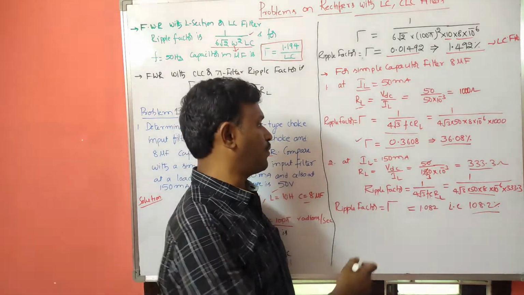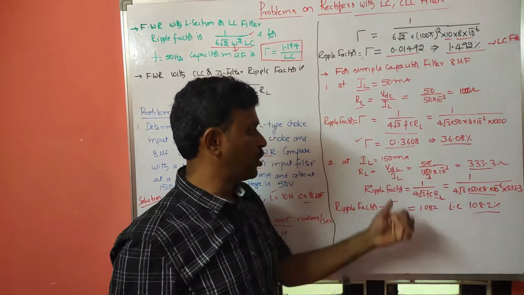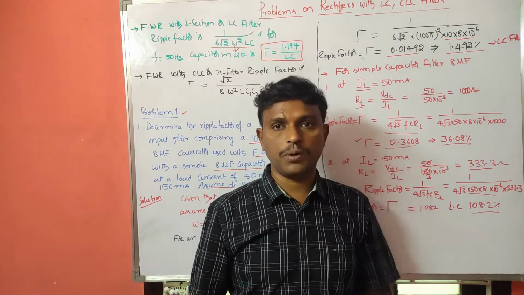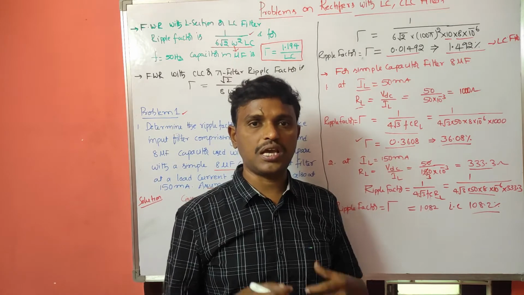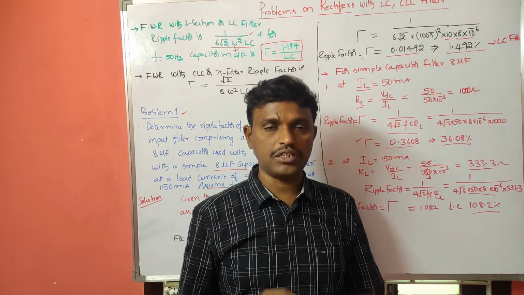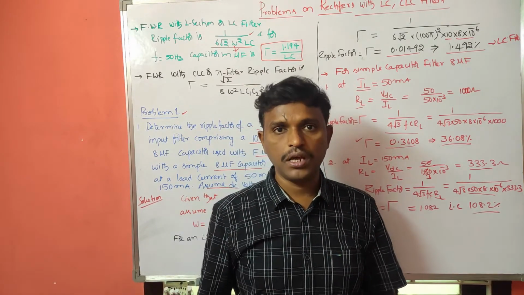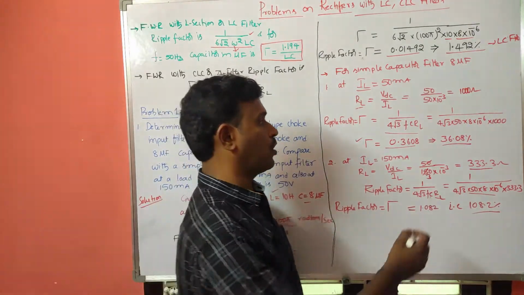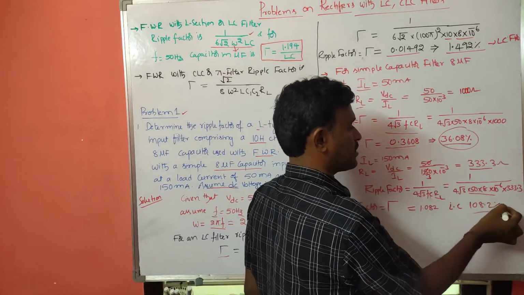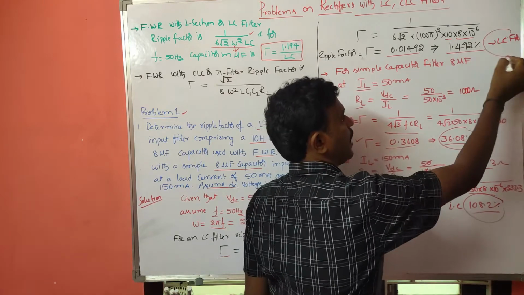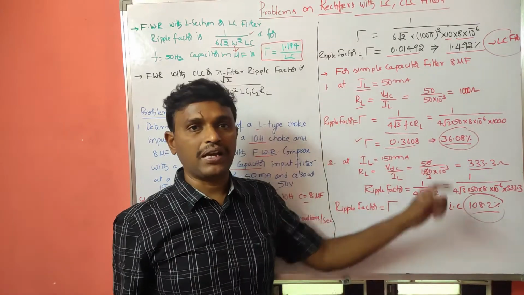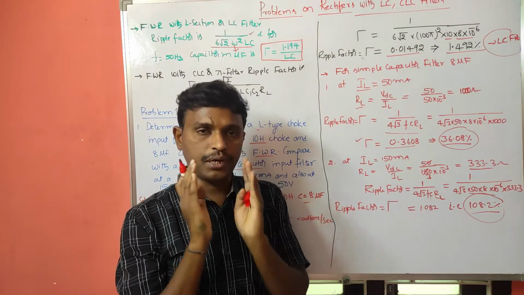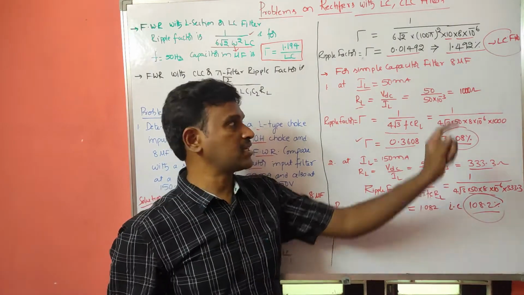And now again we have 150 milliamperes. If you consider 150 milliamperes, we got 108.2%. So heavy ripple will be present, that is ripple voltage or AC voltage will be present. As compared with all the three ripple factors we got for the different cases here and for the L section filter, by comparing this one, less ripple or less AC component is present in the output of the L section filter.